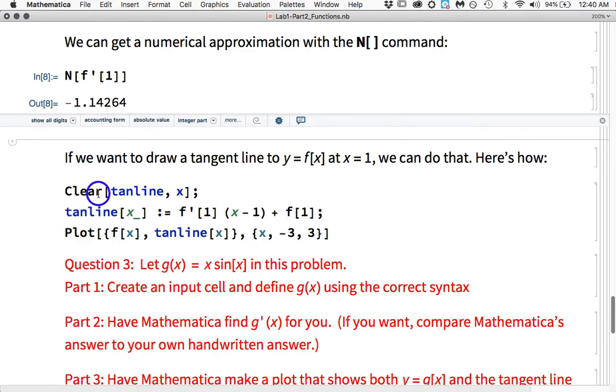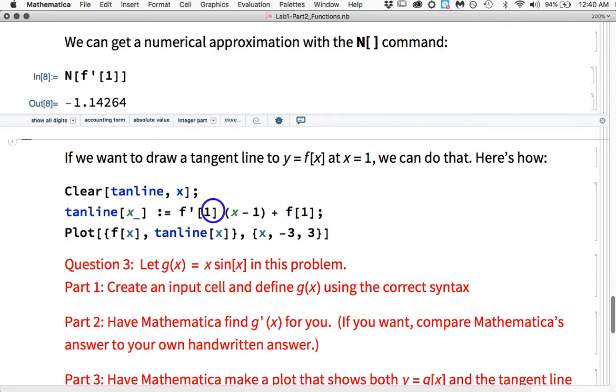And we're going to make the tangent line a function, so that underscore is mandatory. And this function is going to be f prime at 1, because the point of tangency is x is equal to 1, times x minus 1 plus f of 1.